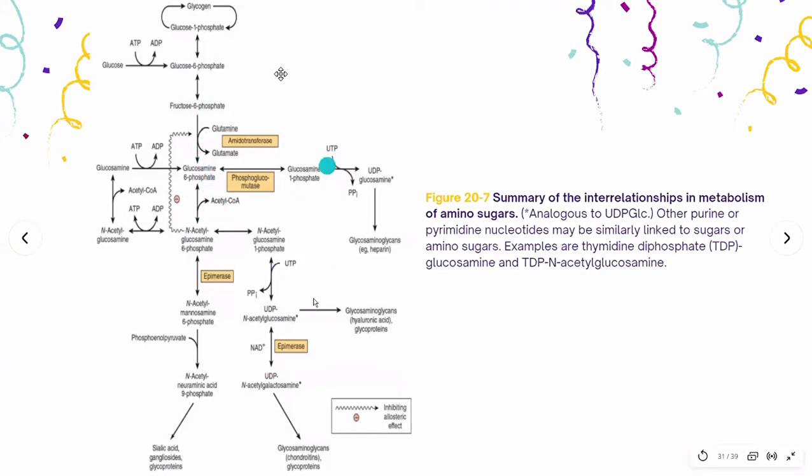From your amino sugars, your glucosamine, then you have it converted to heparin. All right.